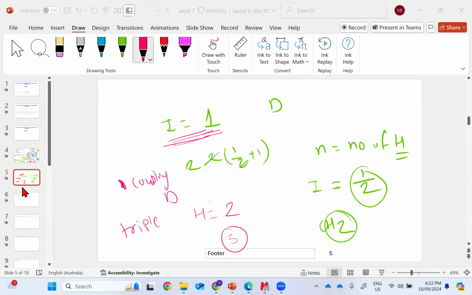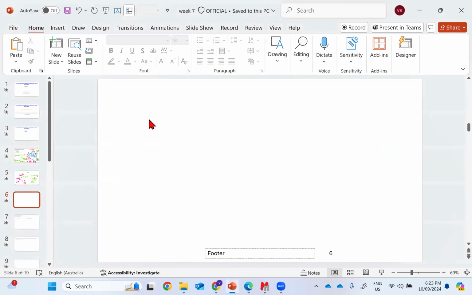Are you able to see the screen now? Right. So we have the formula 2nI plus 1.